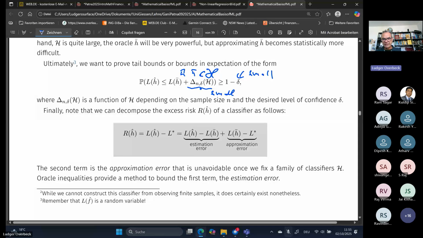And as always in statistics, here we have our excess error of this H bar, which is like the error we get if we only restrict to the best in H. And that's how H approximates Bayes.